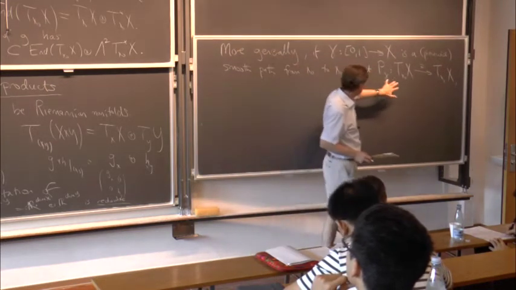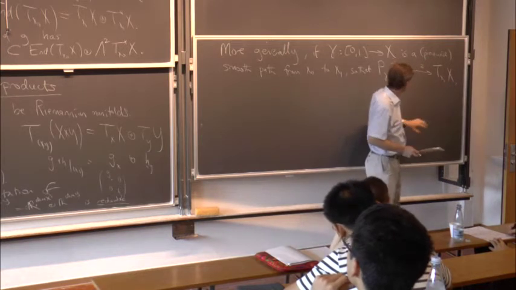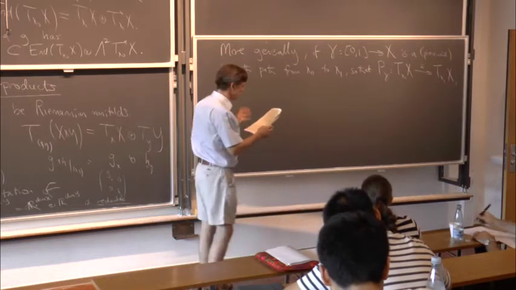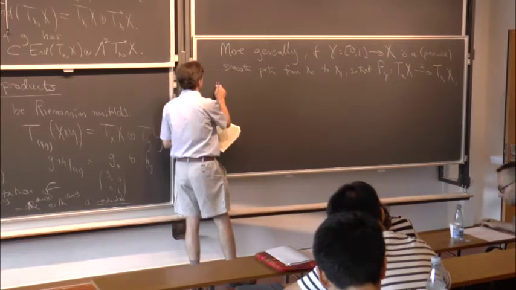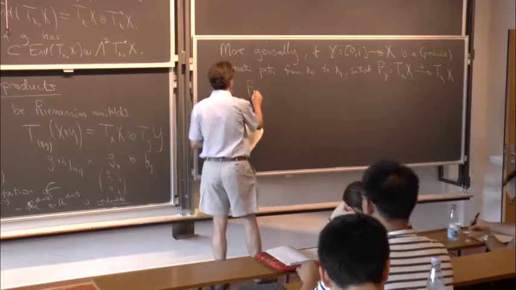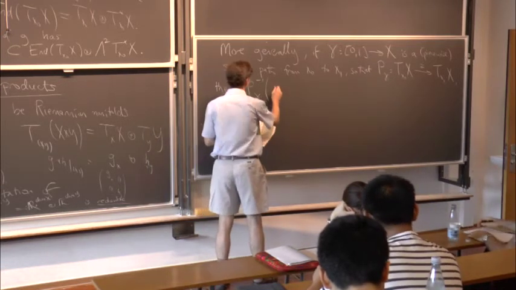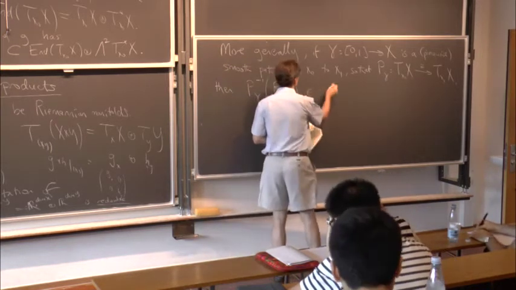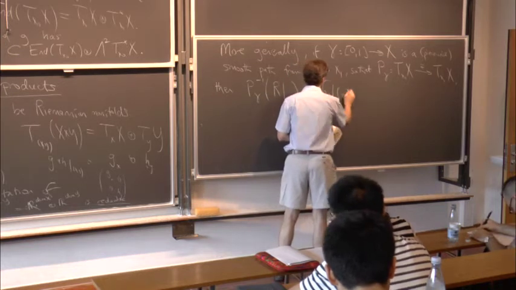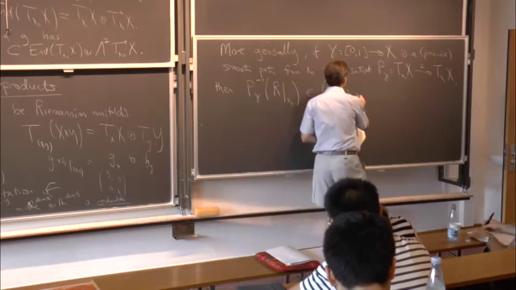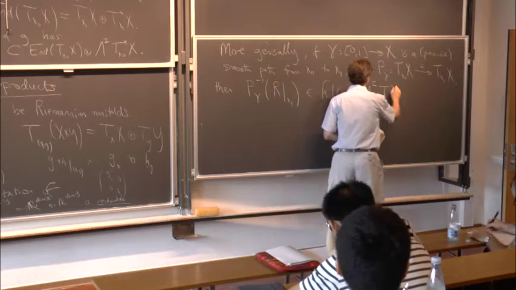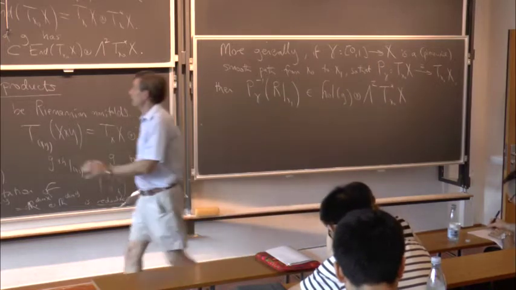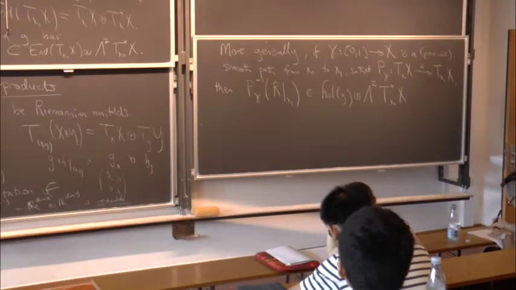Then P gamma acts upon these vector spaces. It also acts upon all the tensor spaces we can make by tensoring together these and their duals. So we can make it act on the curvature. So we can say P gamma inverse of the curvature at the point x1 lies in the holonomy algebra of G, again tensored with the two forms on X. So this is what happens at our favourite point.